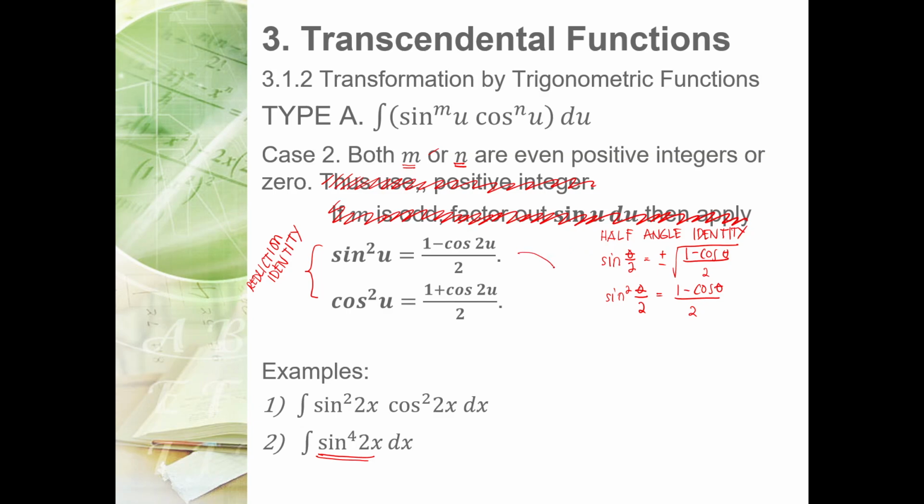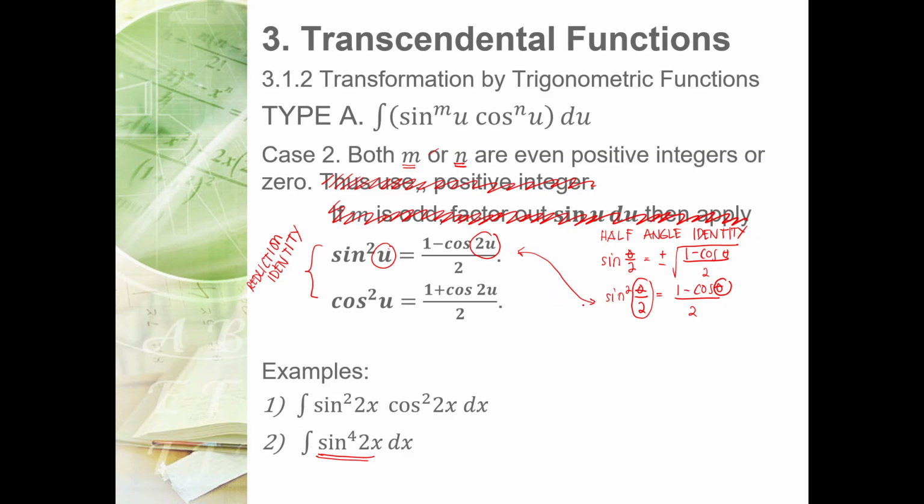As you can see, these are similar equations, but they have different terms for declaring their angle. For example, this one here is u, the other one is theta over 2. And on the right side, you have 2u, but here on the right side, you only have theta. So it depends on the reference on how they declare their different terms.